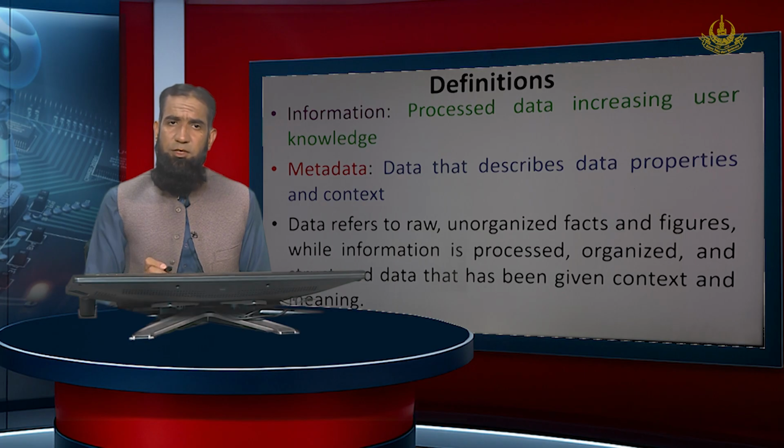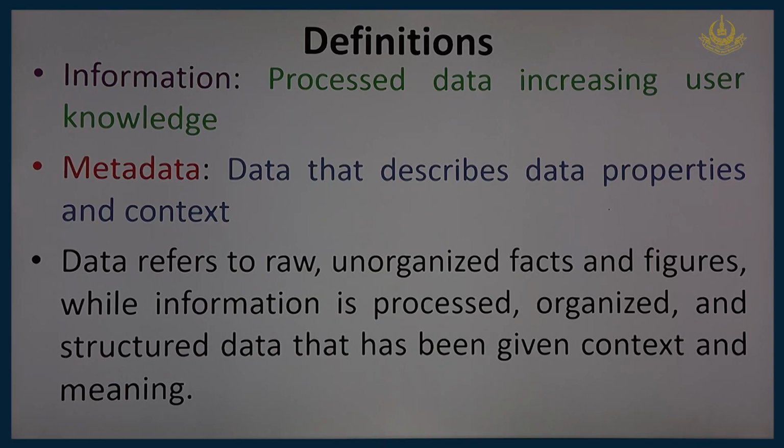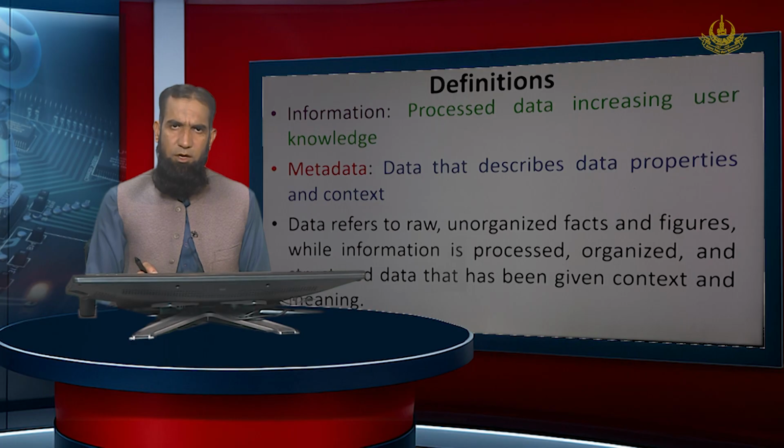These describe the data in that column, so these are called metadata. Data refers to raw, unorganized facts and figures, while information is processed, meaningful, organized and structured data having context and meaning. Data may or may not have meaning, but information must have meaning and context.